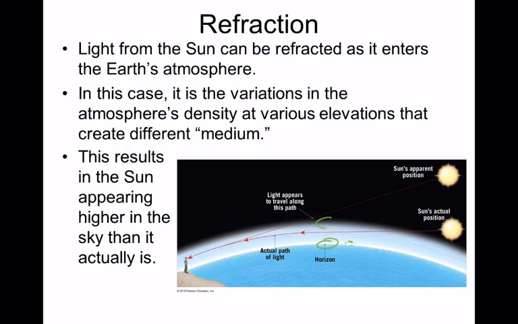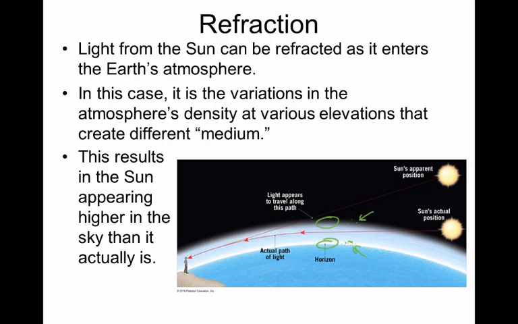And the air at upper elevations is pretty sparse, so I'll put a few dots there. I have just described two different mediums. Granted, it's a gradual thickening, an increasing density of the air. But we have low density here, high density here, and that actually causes refraction to occur.